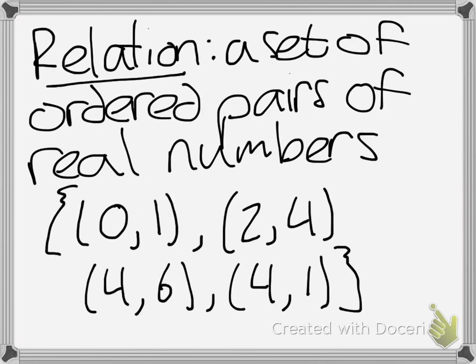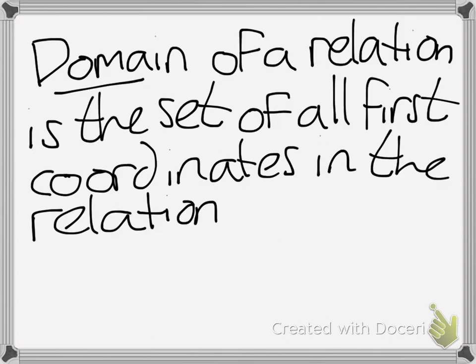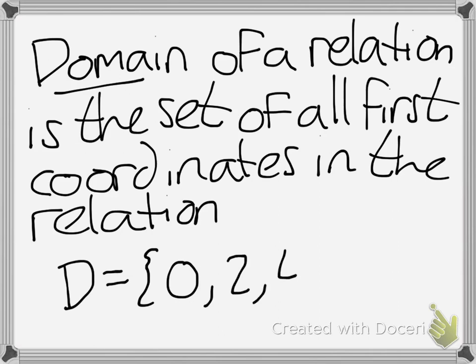So if I look back at this relation, its domain is all of the first coordinates. Here's 0, 2, 4, and 4. I don't include duplicates in a set. So when I write down D, my domain, I just have 0, 2, and 4. So those are all of the first coordinates.